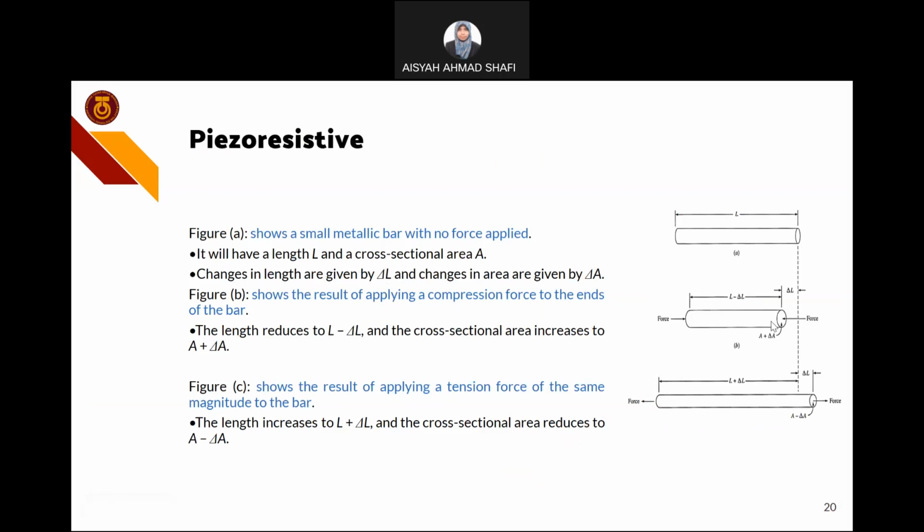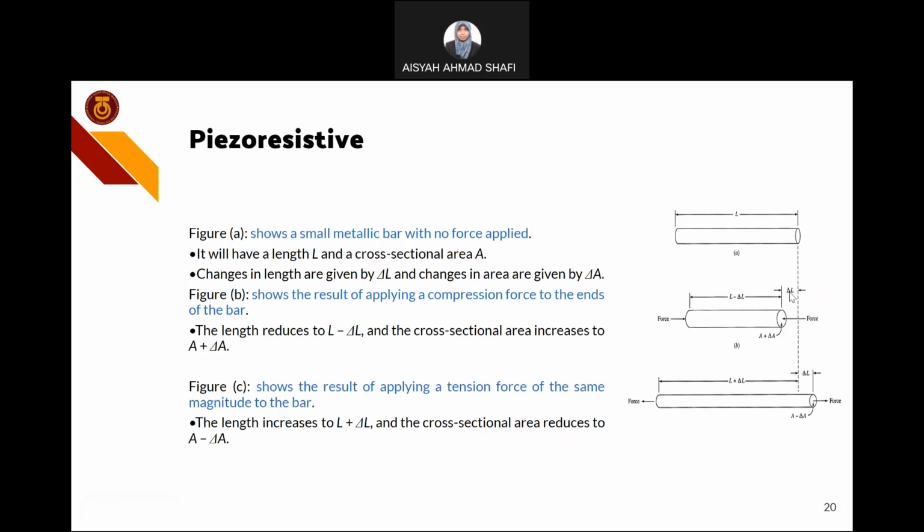Alright, so for figure B, it shows the result of applying a compression force to the end of the bar. As you can see here, the force arrow is toward the bar. So it means we apply the force from the end of the bar toward the middle. So we compress it, and it has the changes of delta L at the end of the bar.